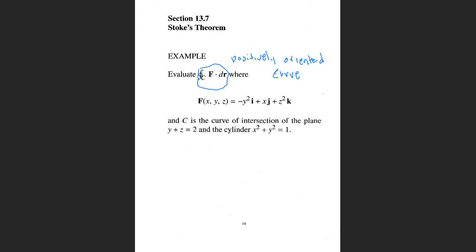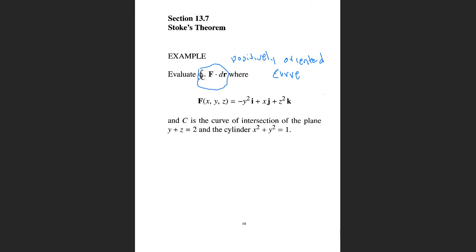In other words, there's a surface S bounded by the curve. We're assuming then that the normal vectors to the surface are pointing outward. Okay, so positive orientation, outward.